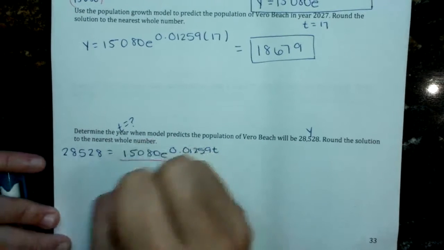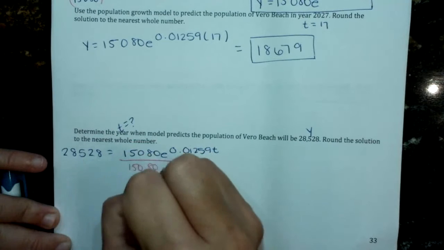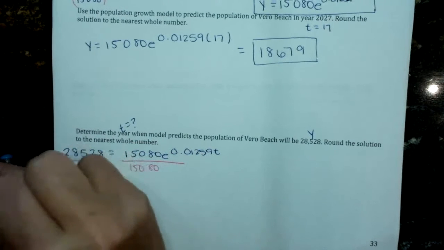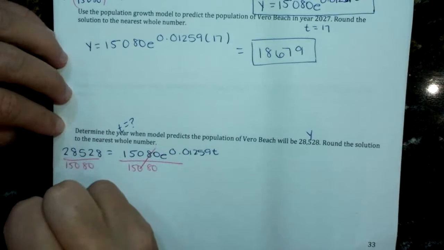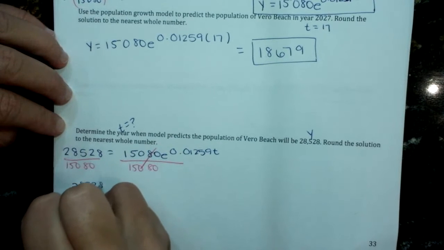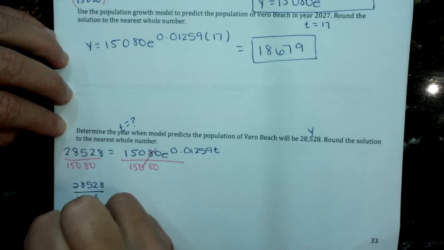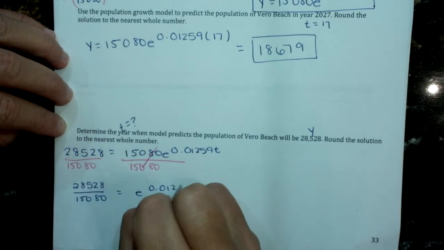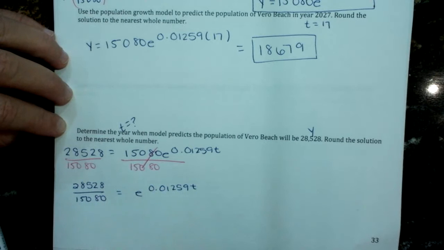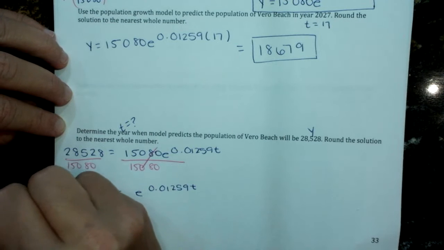So getting that e by itself, we can divide both sides by 15,080. That does cancel. So 28,528 divided by 15,080 equals e to the 0.01259 times t. It's base e, and I got that e by itself, so I want to bring the exponent down out front.